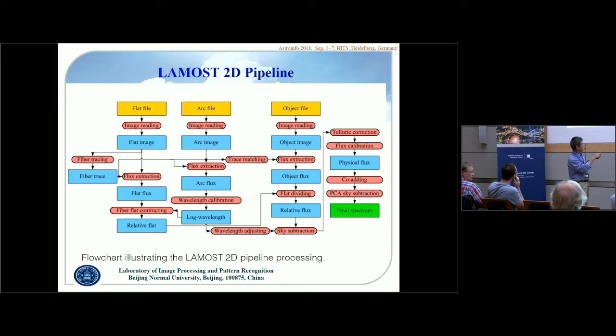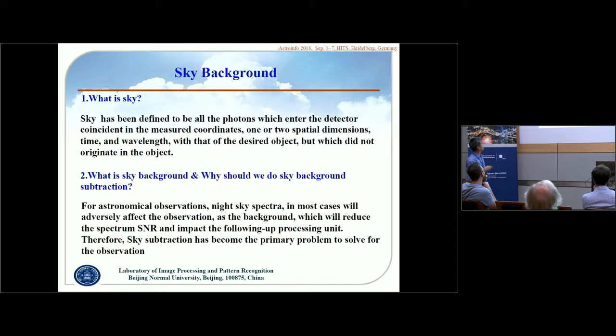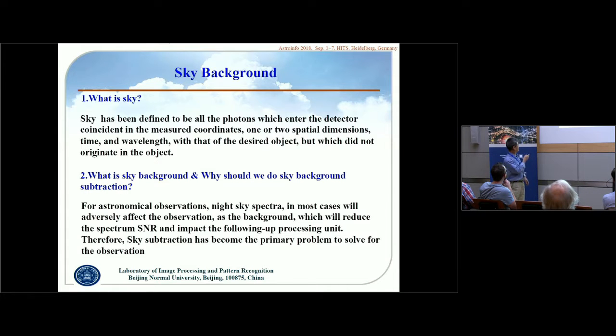This spectrum goes into the one-dimensional pipeline, and the final spectrum data is released to the public. We mainly focus on the two-dimensional pipeline, and in this presentation just the sky subtraction problem. Sky background, you probably know better than me, so we skip this.